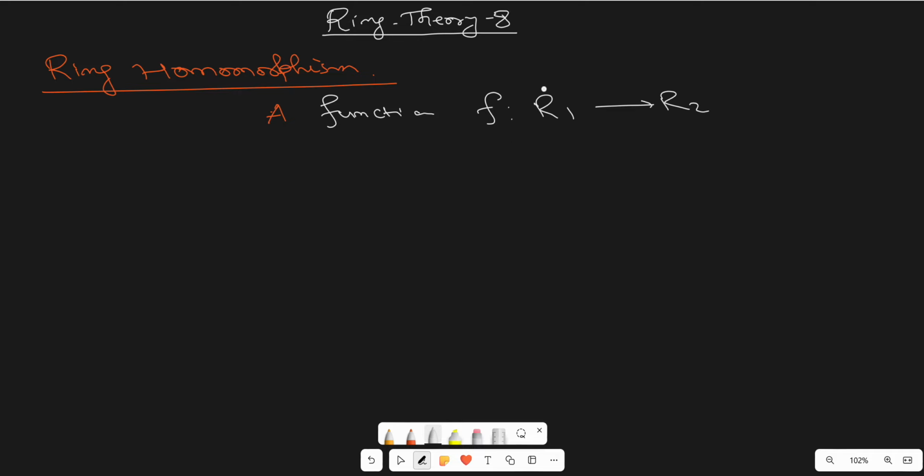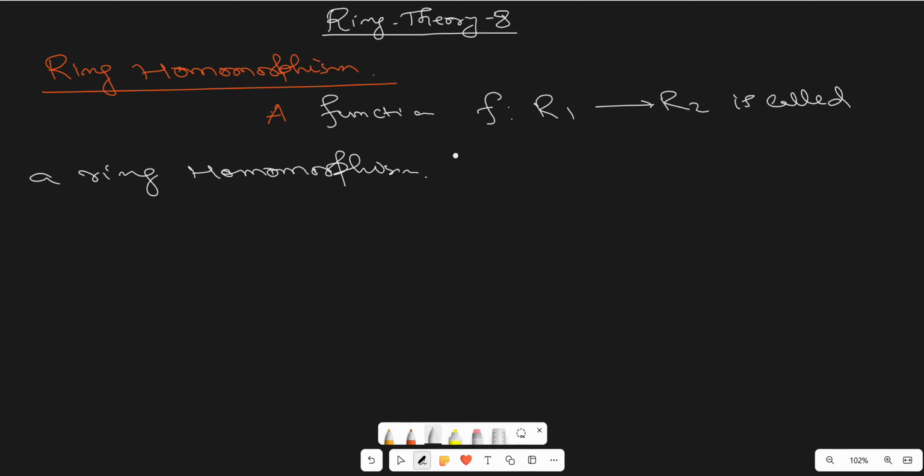So I have two rings, R1 and R2, and f is called a ring homomorphism if it preserves both operations. There are two operations, right? It should preserve the first operation as well as the second operation.